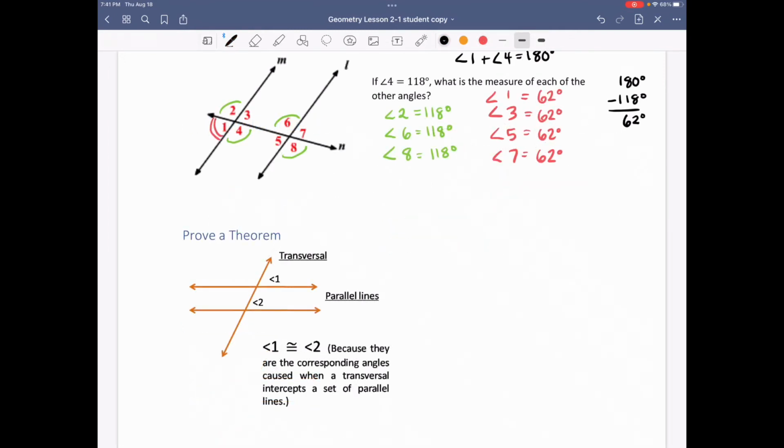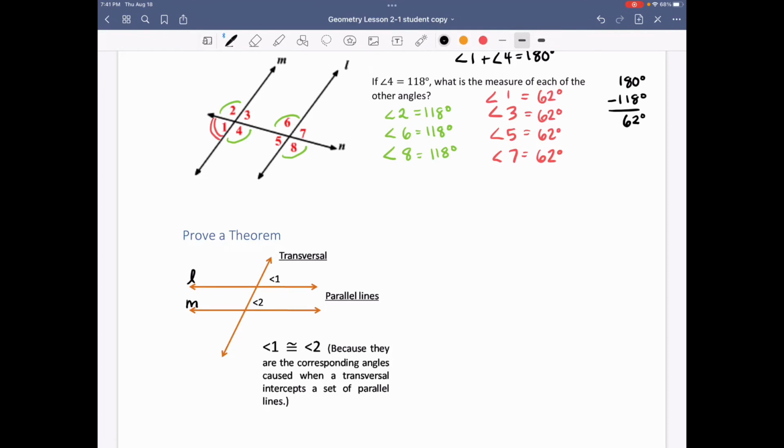Next, we will prove a theorem. This is the heart and soul of geometry. We have parallel lines, and I'm going to label them L and M. And we want to prove that angle 1 and angle 2 are congruent.